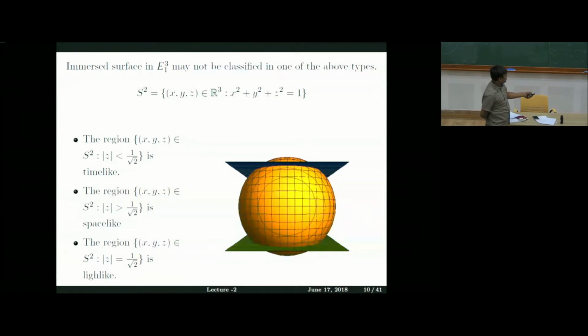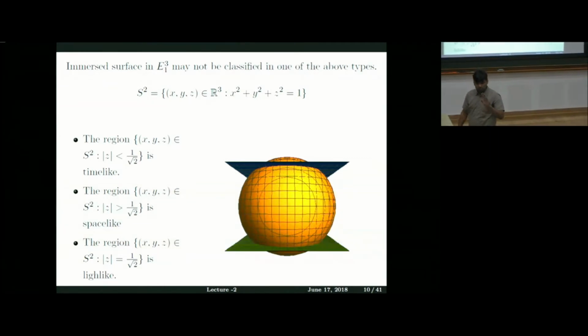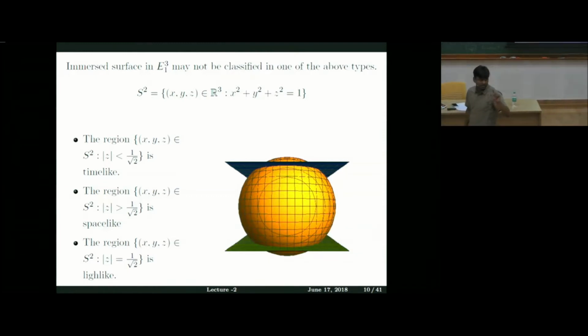In this region, on these two caps, it is space-like. If you restrict S2 to these regions, it is a space-like immersion here and here. In this region it is time-like, and on both circles, where the plane intersects the sphere, it is a light-like immersion. This is a very simple calculation, but do this calculation.